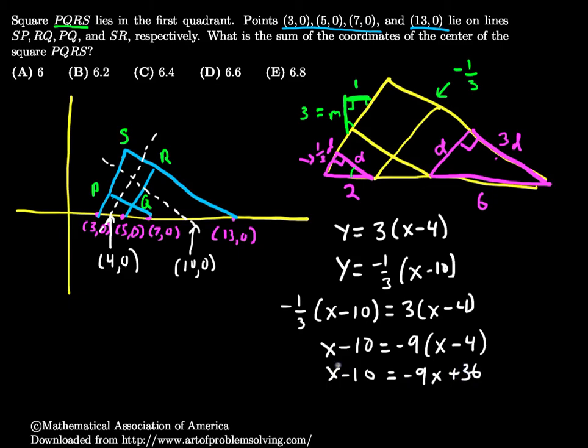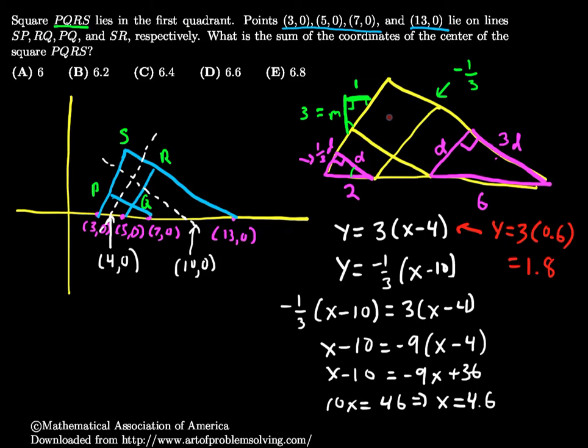I'm going to add 9x, add 10, so I get 10x is equal to 46, which implies that x will equal 4.6. And I'm going to take that back to my first equation right here, substituting in 4.6 to see that y will equal 3 times (4.6 minus 4), which is 3 times 0.6, which is 1.8.